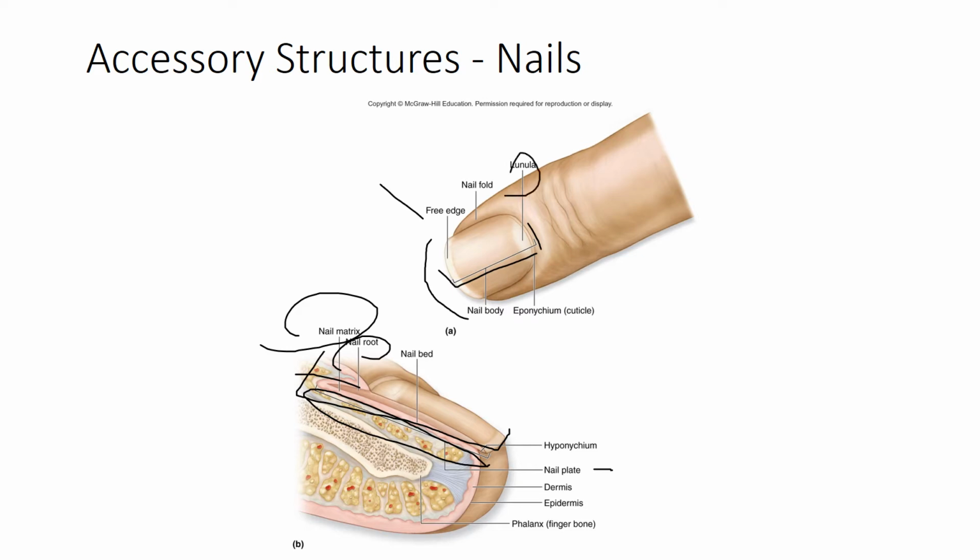The lunula, which we can see on our actual fingernails, is the part of the nail body where the stratum basale of the epidermis blocks off the capillaries within the dermis. And so that portion, too, is avascular.